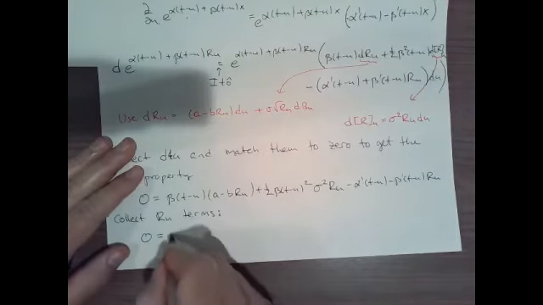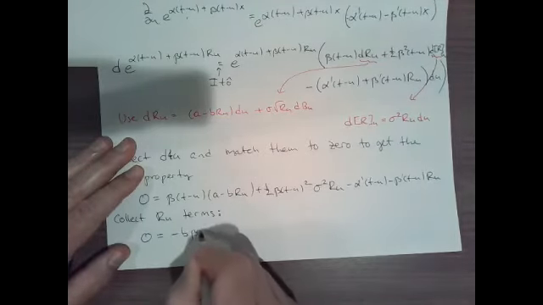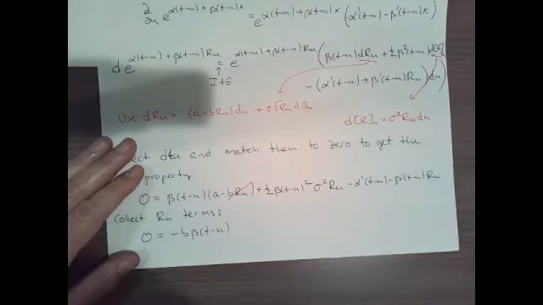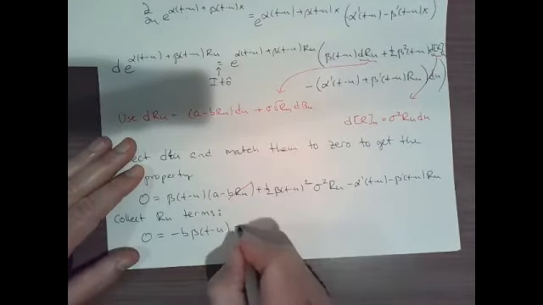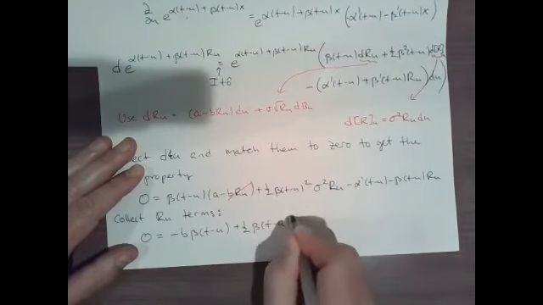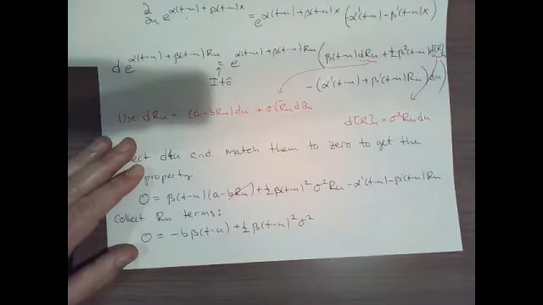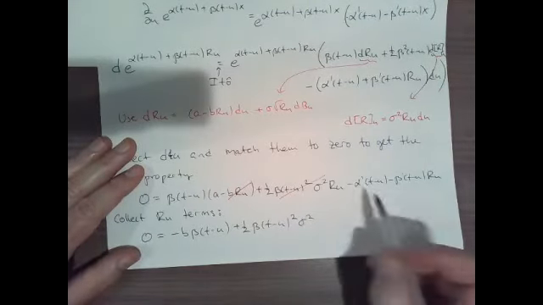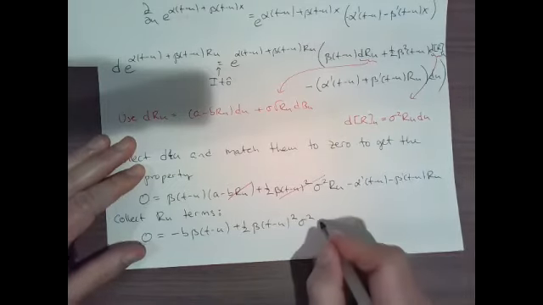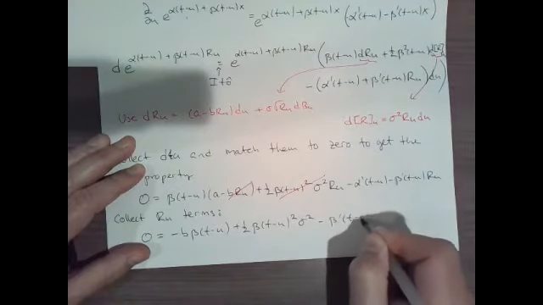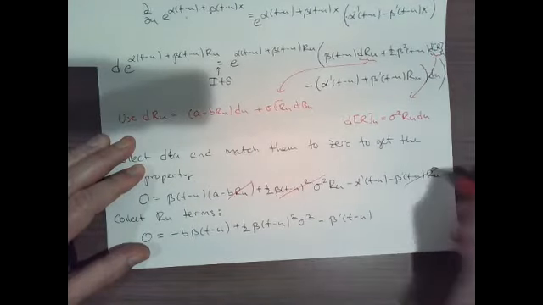This is going to be minus b beta(t-u). That took care of this term. I'll have a half beta(t-u) squared sigma squared. Took care of that term. And then I'll have my minus beta prime(t-u). Took care of that term.